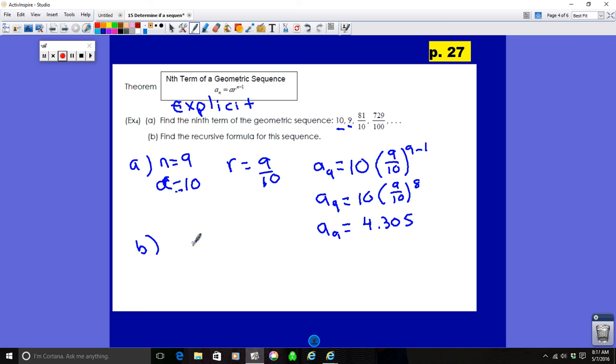Recursive rule, remember, is your first term always first, and then a of n equals a of n minus 1, which means the term before, and then when you have arithmetic, you add a constant, but when you have geometric, you just put your r out in front. That's your constant ratio. And that's the formula for the recursive of the geometric sequence.